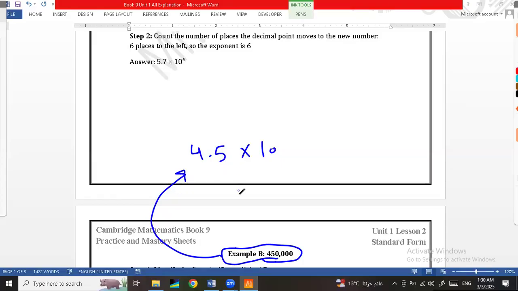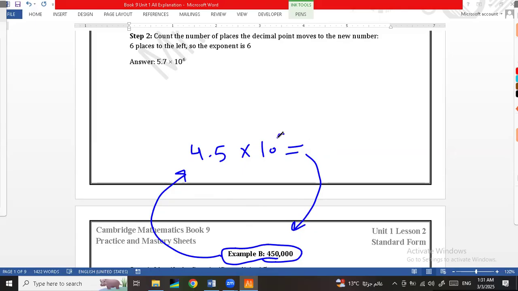So I need to compensate for this, to make it up, so that I have something equal to this. Definitely I multiply by a positive index. But what is the index going to be? Let's see how many times the point needs to move: one, two, three, four, five digits.